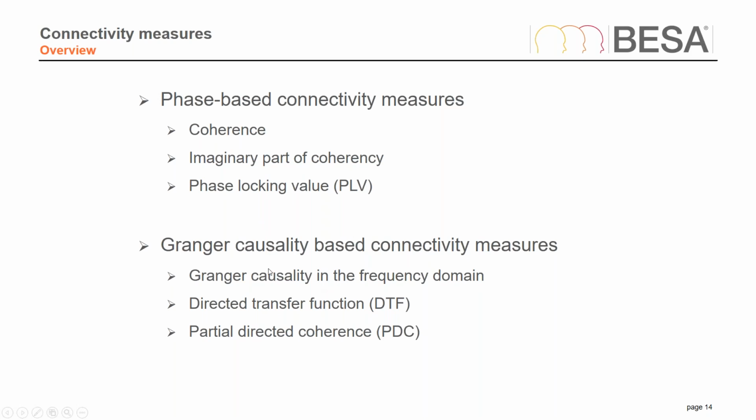And then there's a different family of connectivity measures, the Granger causality-based methods. And here members are the Granger causality itself in the frequency domain, the directed transfer function, and partial directed coherence. There are also others, but these are the ones that we currently have implemented in our software solutions.